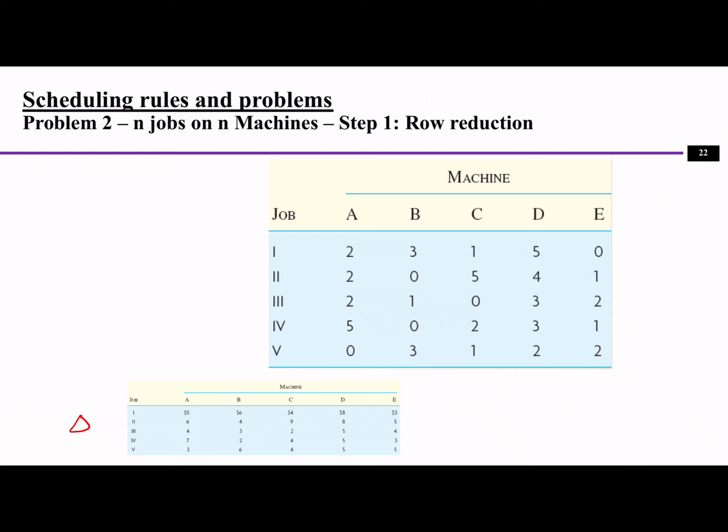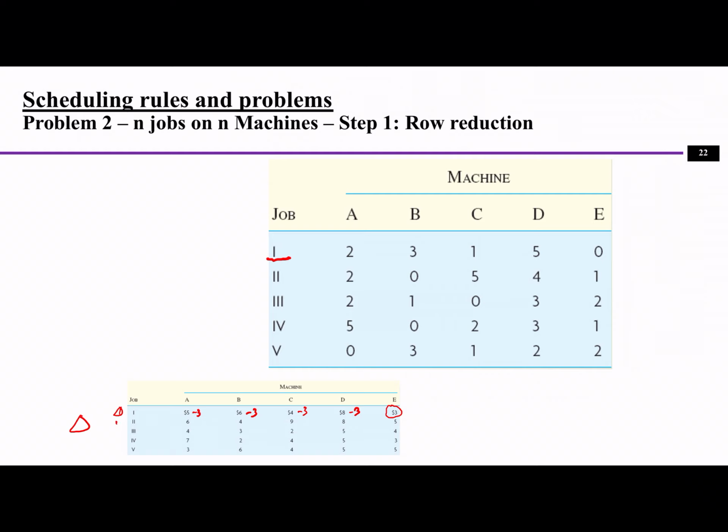So how do we find zeros in each of the rows? When we do row reduction, we subtract each row's smallest number from every number in that row, right? For example, in this row 1, the smallest number is 3. We're going to subtract 3 from all the numbers: 5 minus 3, 6 minus 3, 4 minus 3, and 8 minus 3. Then we get this first row, 2, 3, 1, 5, 0.